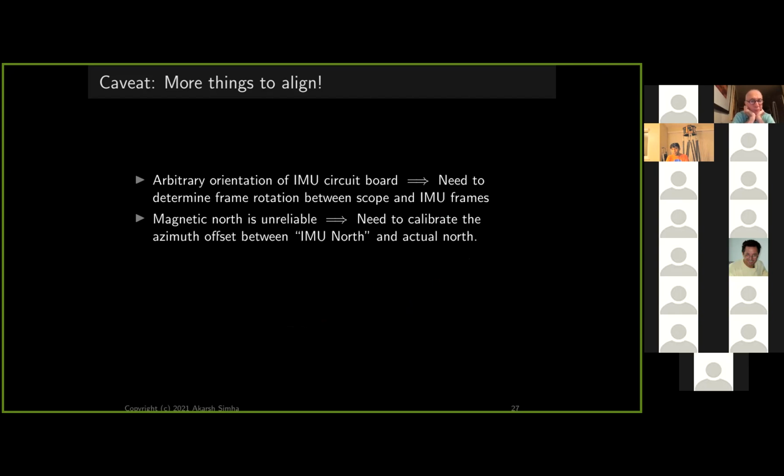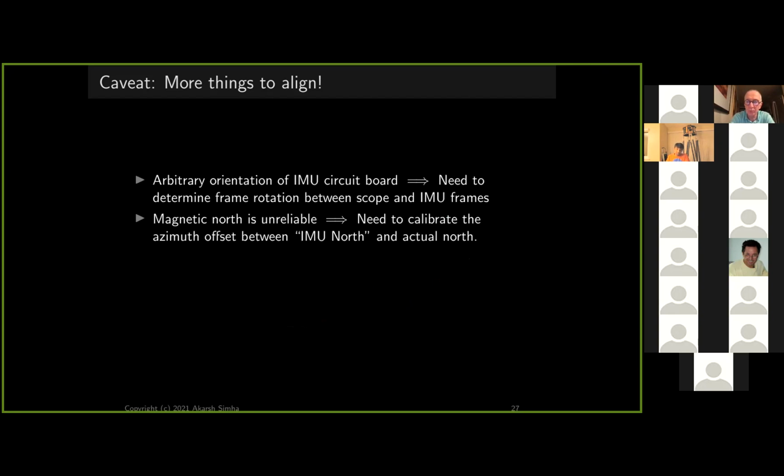So I need to find a transformation between the frame of the telescope, or if you like, the horizon north, and the frame of the Earth or the observer, and the IMU frame. Sorry, I meant the telescope frame and the IMU frame. So I need to find a transformation between those two.